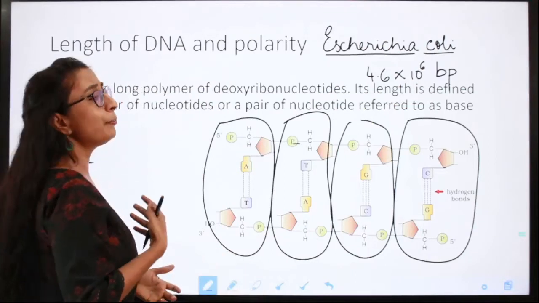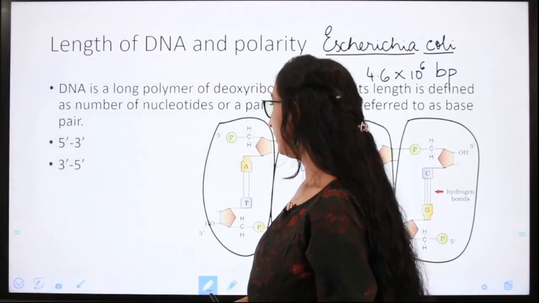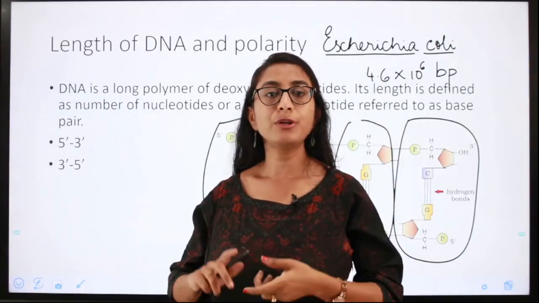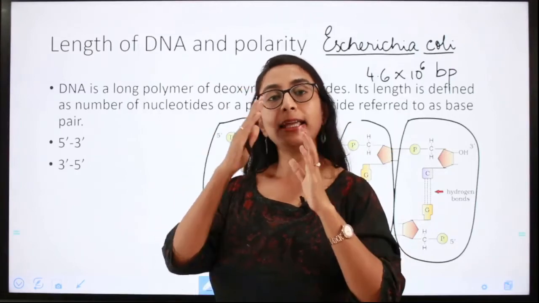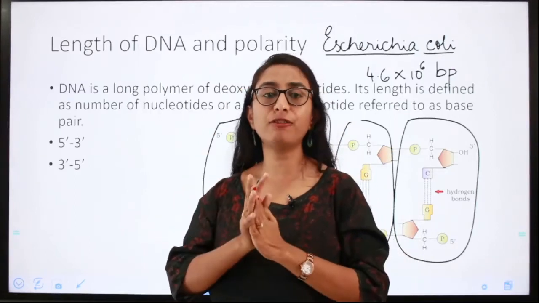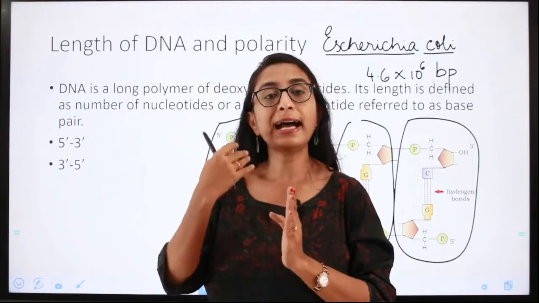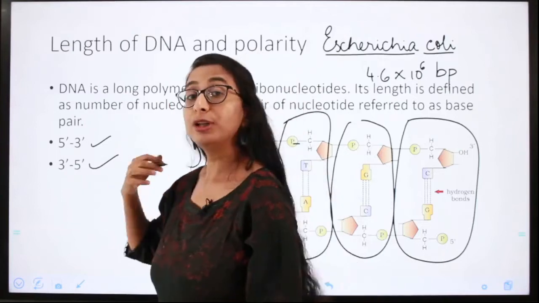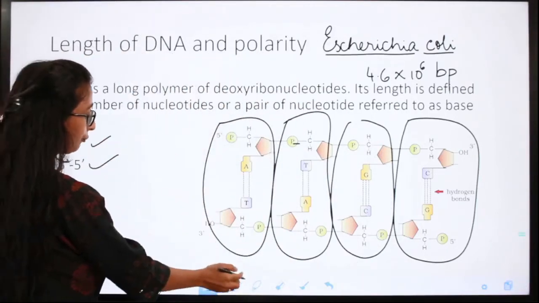And what do I mean by polarity of DNA? Polarity means you can see that we have 2 strands of DNA which are coiled or twisted with each other, and one strand of DNA runs in the 5' to 3' direction and the other one runs in the 3' to 5' direction. In the 5' end you can find that we have a free phosphate group.